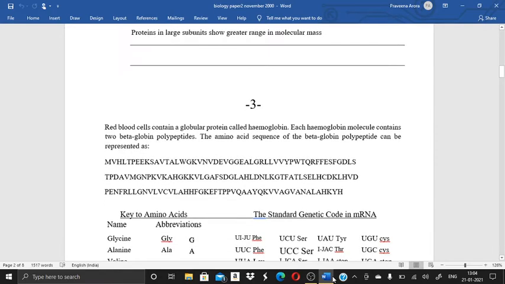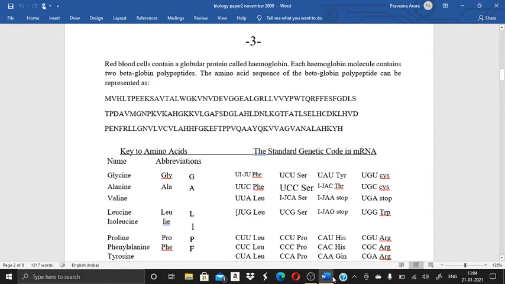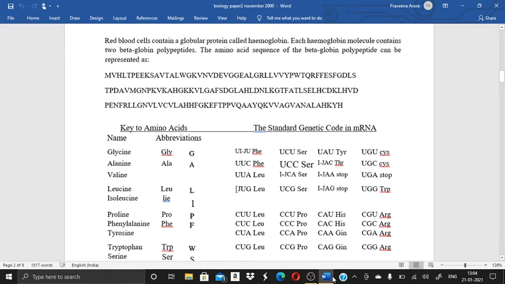Now the next question is, red blood cells contain a globular protein called hemoglobin. Each hemoglobin molecule contains two beta globin polypeptides. The amino acid sequence of the beta globin polypeptide can be represented as it's given over here.